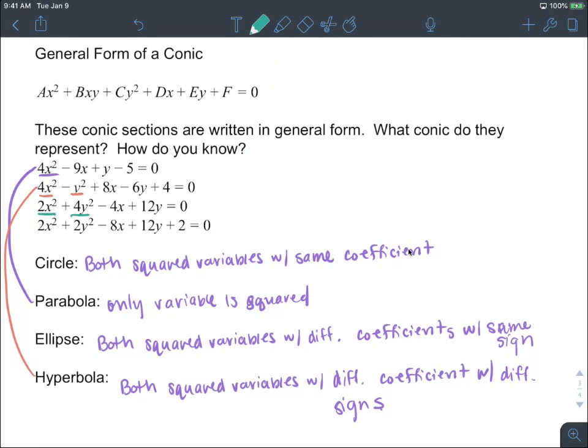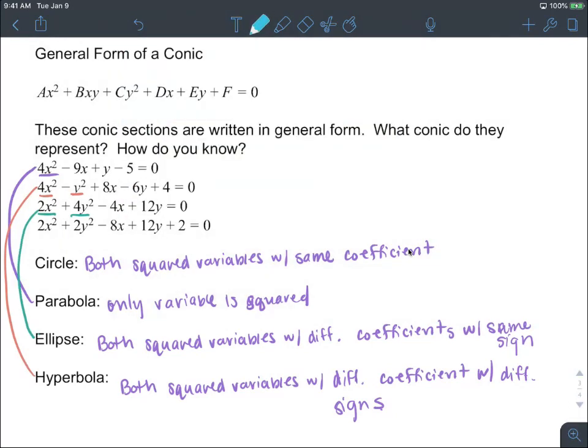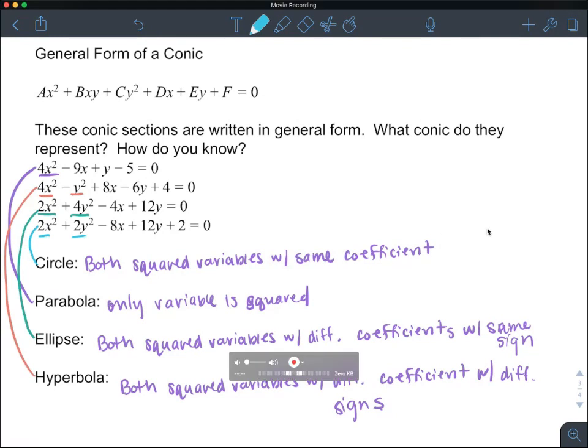The sign is positive, but I have different coefficients, so that is an ellipse. And lastly, I have, well, I hope that this is a circle, but let's look. Both x's and y's are squared with the same coefficient, so that's a circle. So before you start completing the square, you should kind of know which conic section you have.